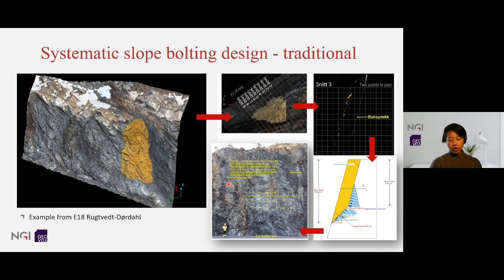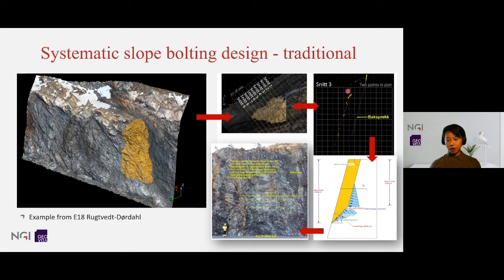Even though remote sensing has been commonly used these days, we still use traditional methods to design systematic bolt support or simply single bolting. This is showing how we do it. We have a model and then we get a quite good idea and accurate geometry by drawing cross sections along every meter, for example.